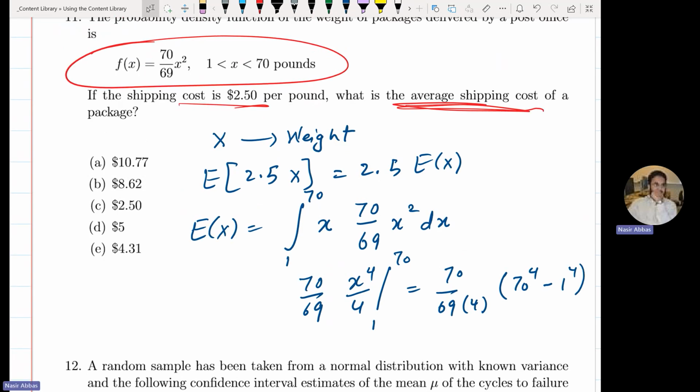I think there is a mistake here. X square is in the denominator, if I'm not wrong. Yes. While I was converting this exam into LaTeX, this one I wrote. This should be 69x square here. 69x square.